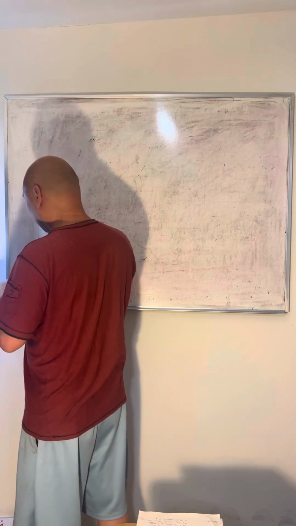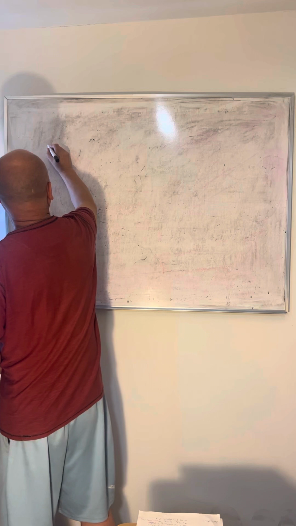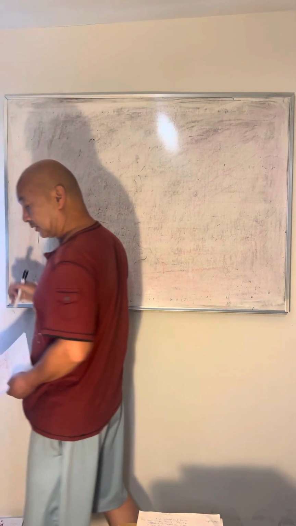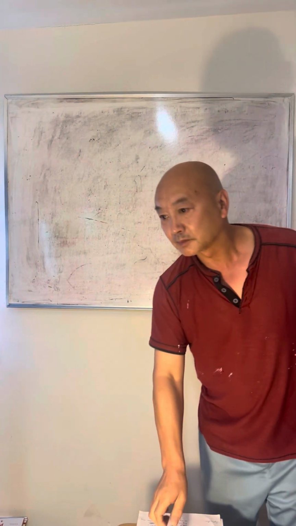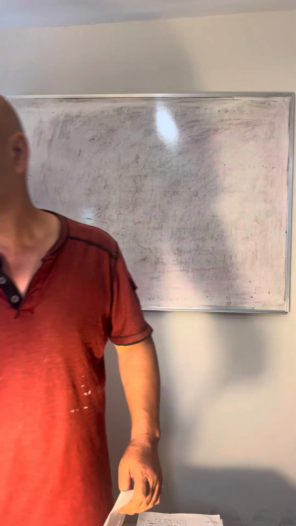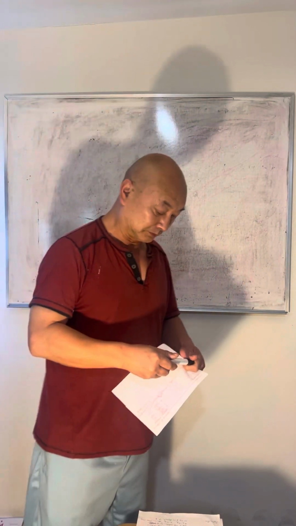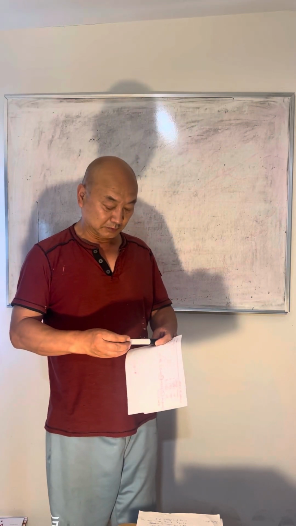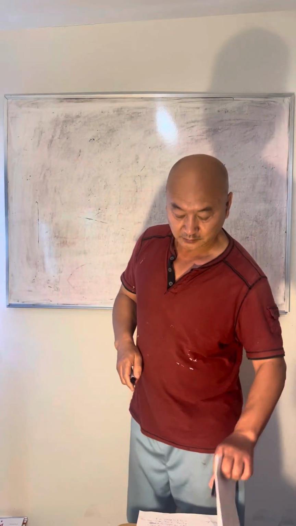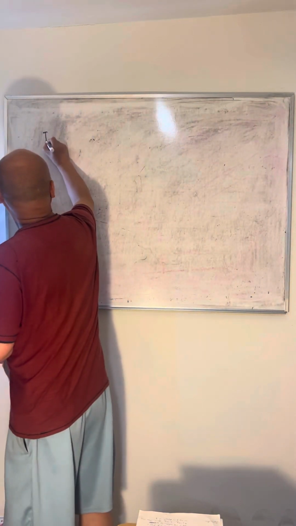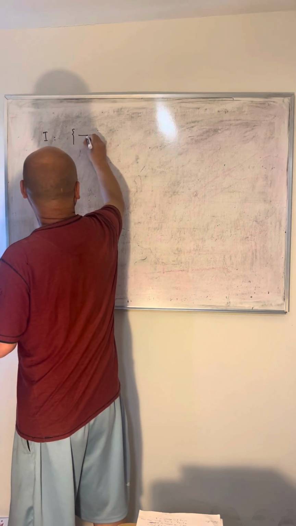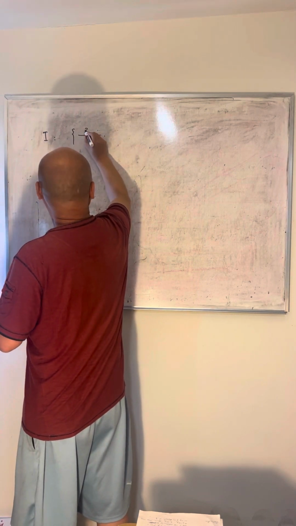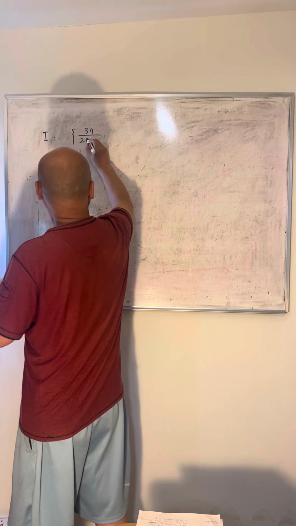I'll give you an example. Here are three questions. First one: 3n over 2n plus 1.